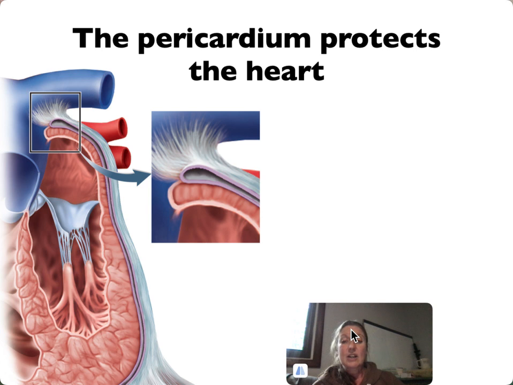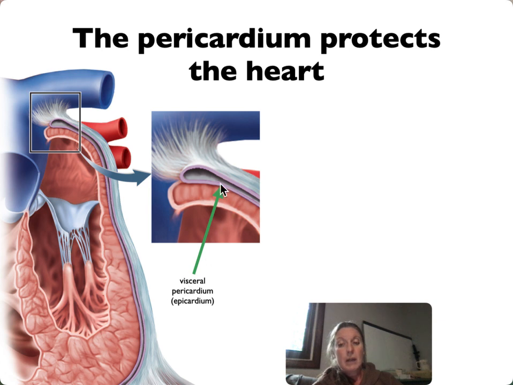Now, let's take a look at the pericardium. The pericardium, if we look at this magnified image, is showing us this part of the heart here. So here we have the myocardium and the endocardium, and here's the epicardium. All right, so the epicardium is also the visceral pericardium.